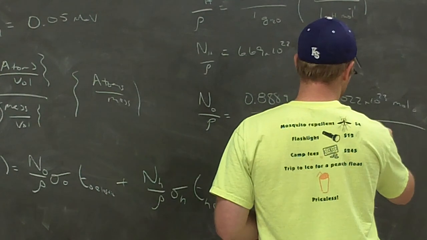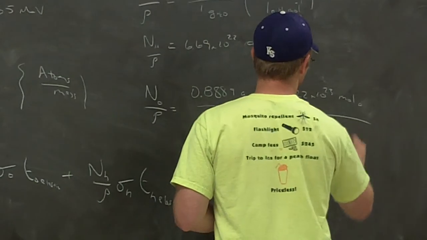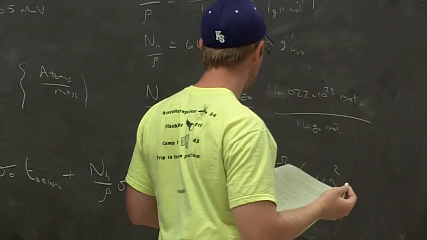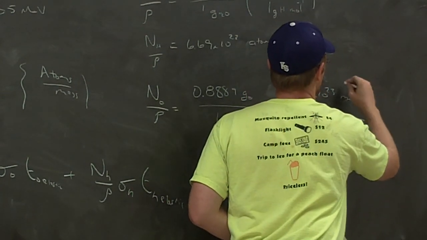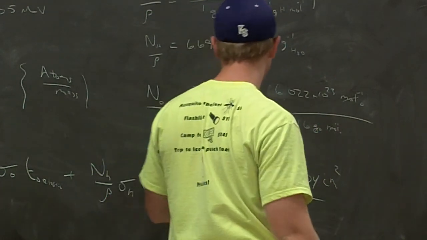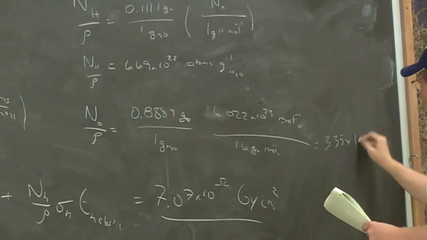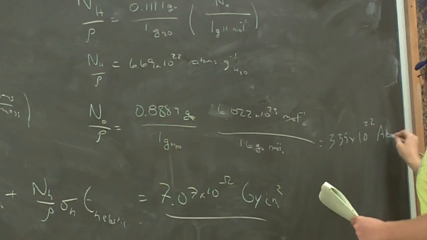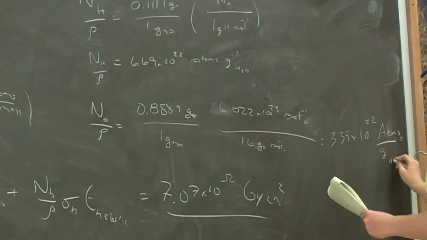And there are 16 grams of oxygen per mole of oxygen. Moles cancel, grams of oxygen cancel, and you get 3.35 times 10 to the 22 atoms of oxygen per gram of H2O.